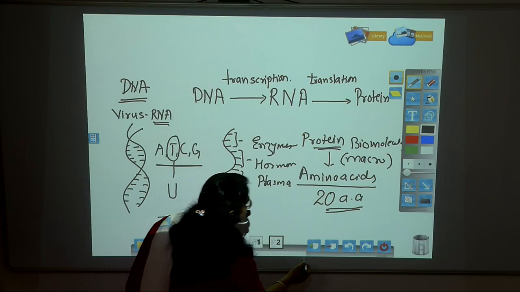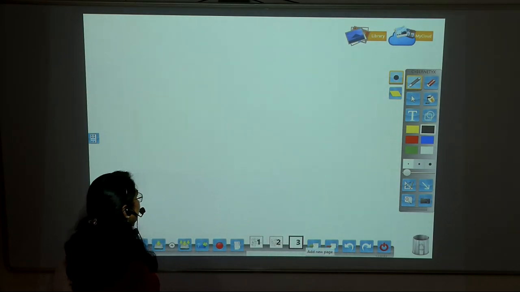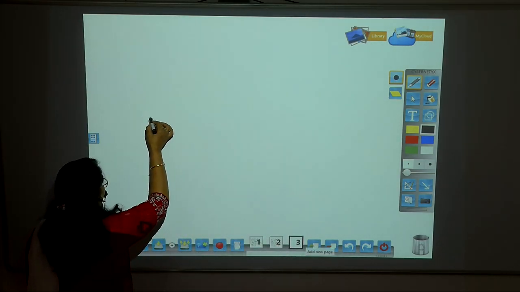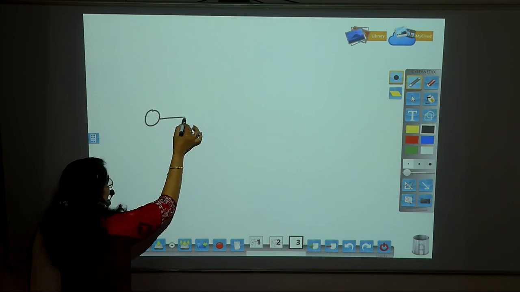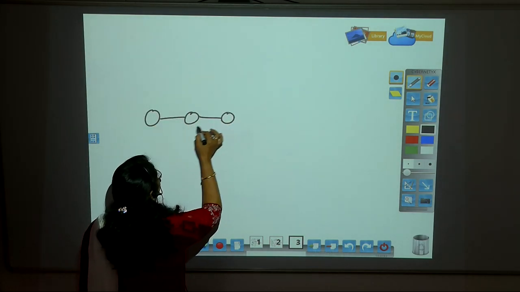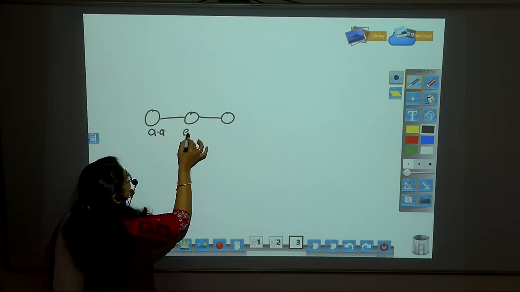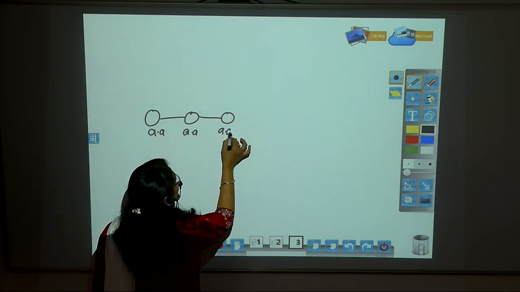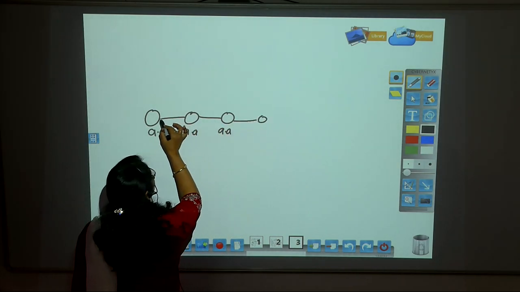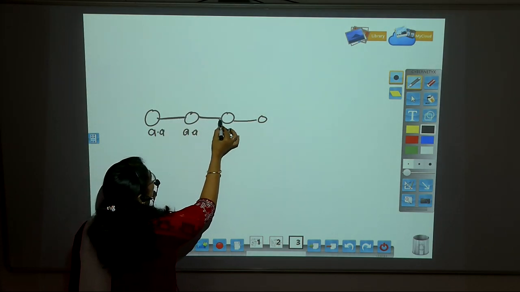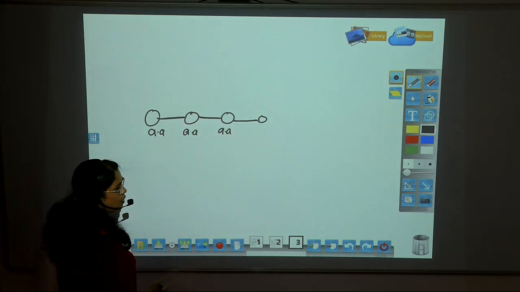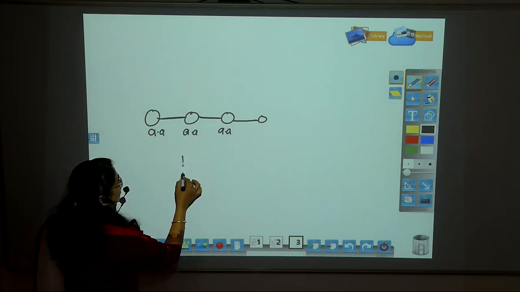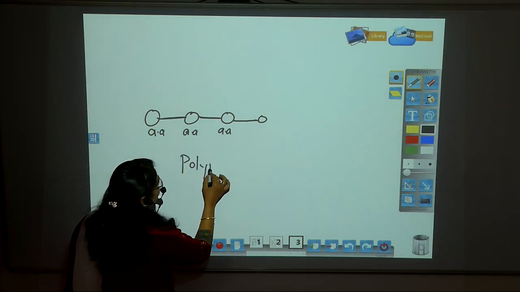So when we say these proteins, these amino acids are linked to one another with a bond. This is called a peptide bond, and the chain is called a polypeptide chain.